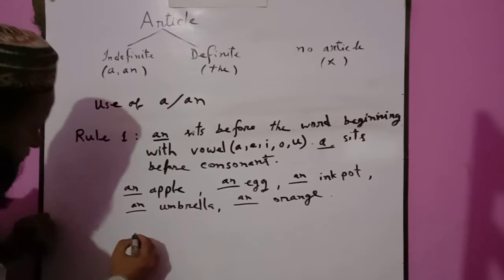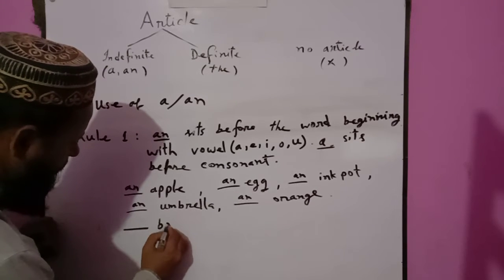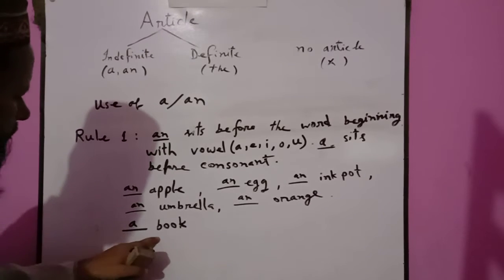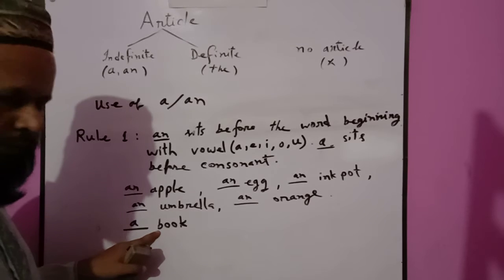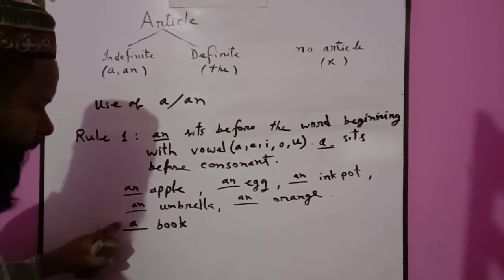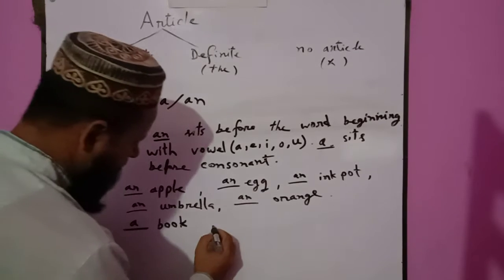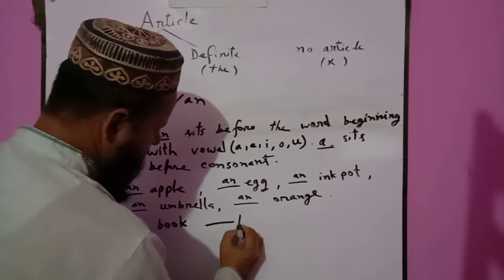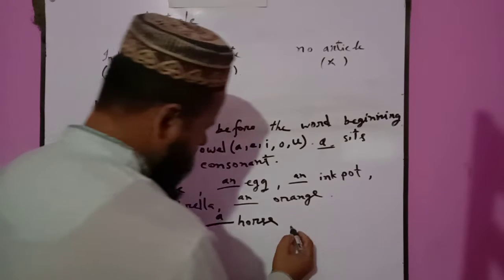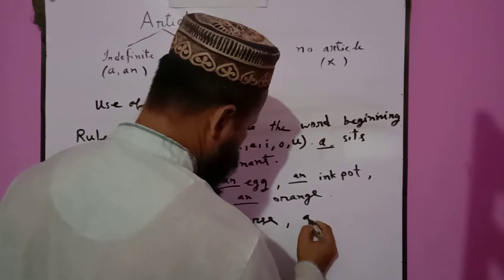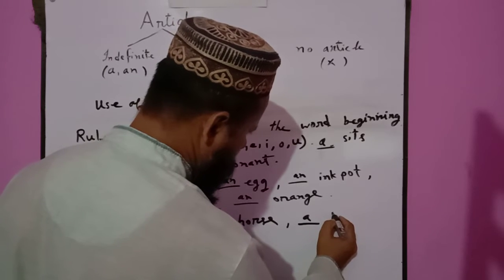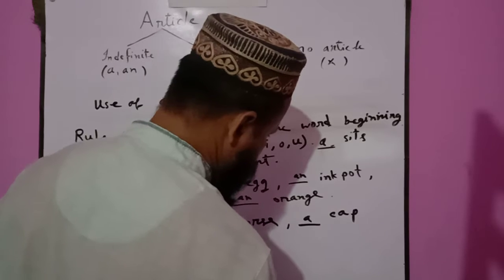On the other hand, book, a book, because B is consonant, so we have to use a before book. Horse, a horse. A cap.